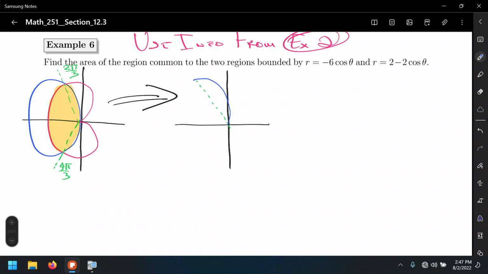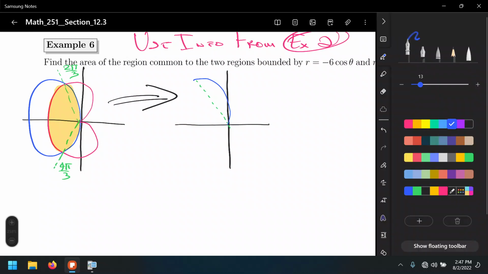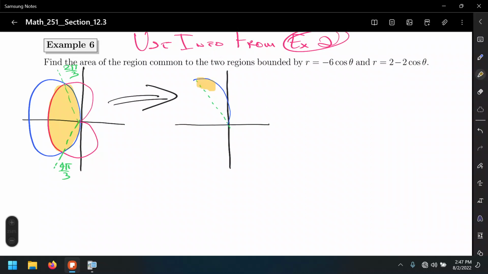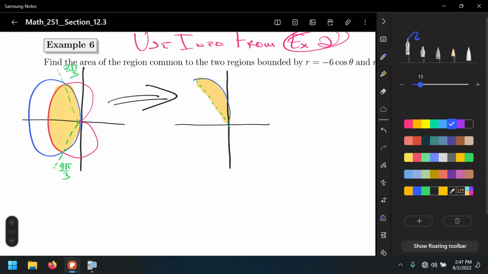So in this case, we're going to do something similar. It's only the area under the blue graph right here. And then from here we're going to add. Let me color this again, and let me call this R1.